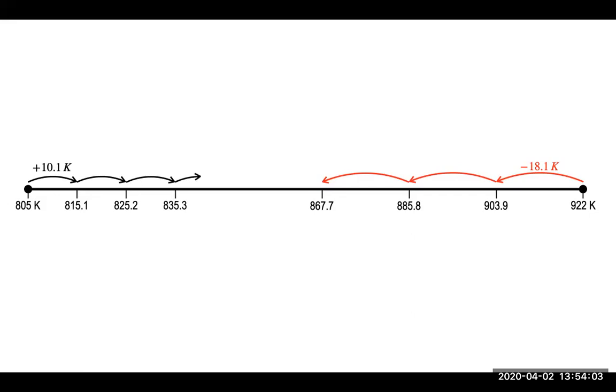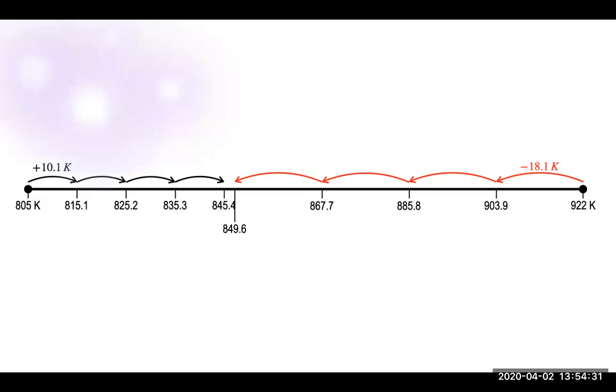All right, so let's do another for substance H. That adds 10.1 Kelvin. So now we're at 845.4. And let's do one for substance R. Okay, there's another 18.1. And now we're really getting close. Now we've got a gap there, and we can't do any more of these exchanges.